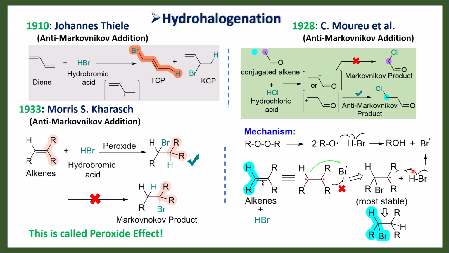Then it takes the proton again and generates the bromine radical for further reaction. So the first step here is a little different.